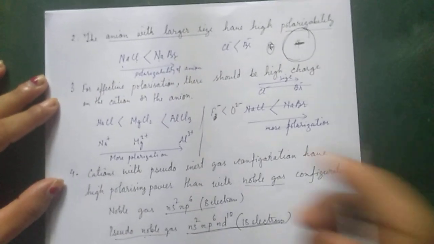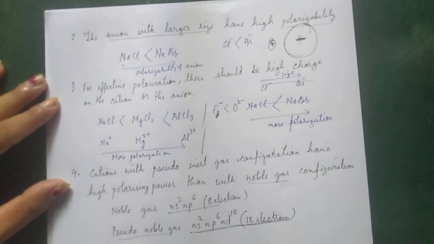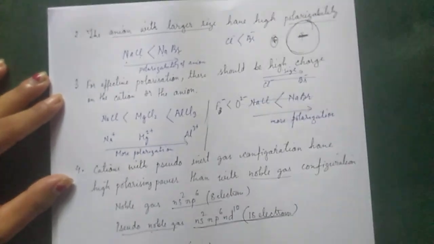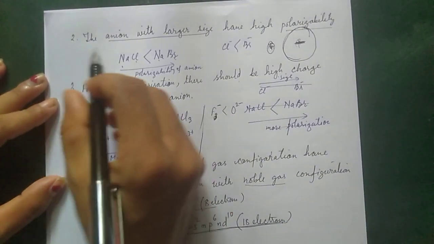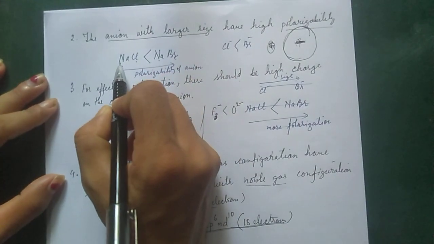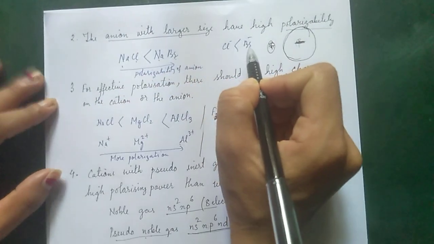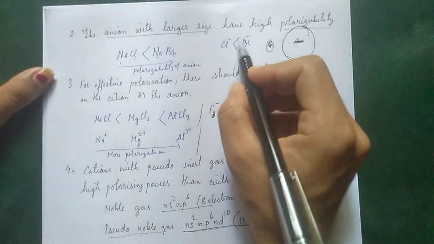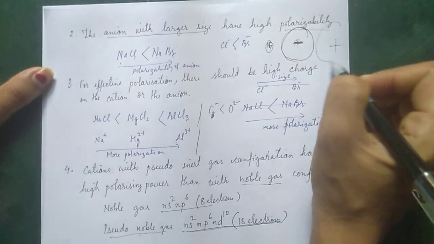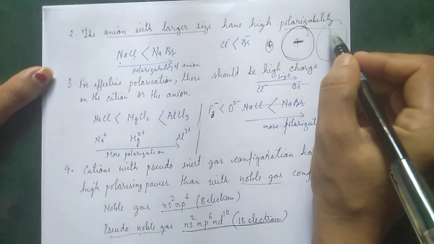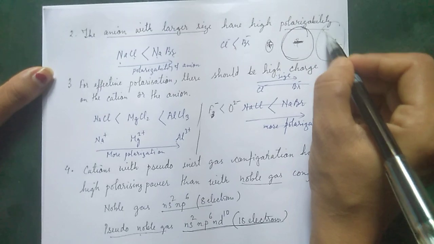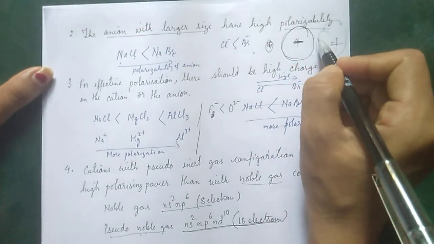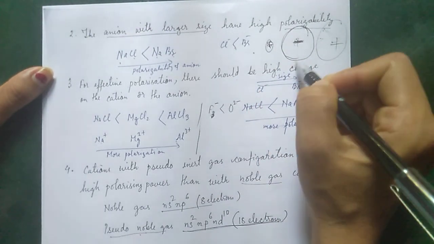In the second point, the anion with the larger size will have high polarizability. Among chloride and bromide, bromide has the larger size. Larger size means the nucleus is not able to attract the electrons with great strength, so the cation can easily pull out the electrons of the anion.